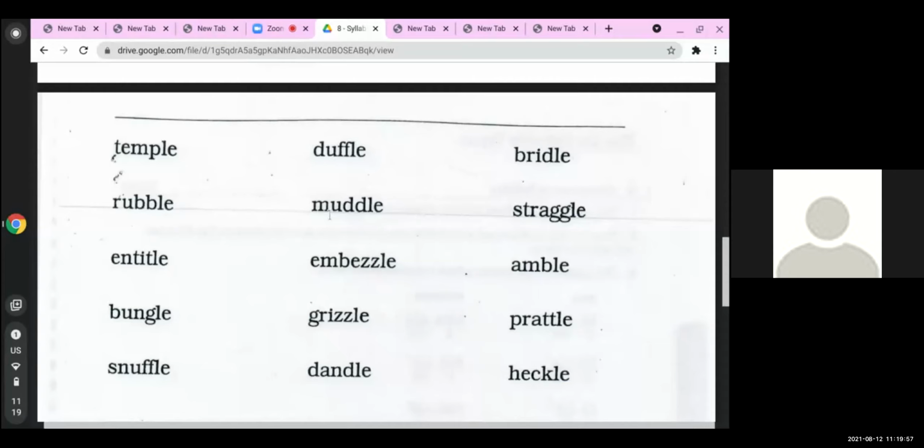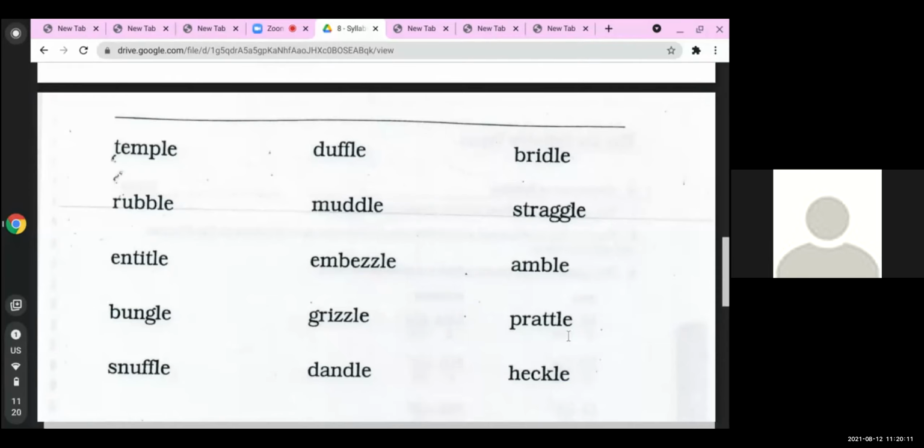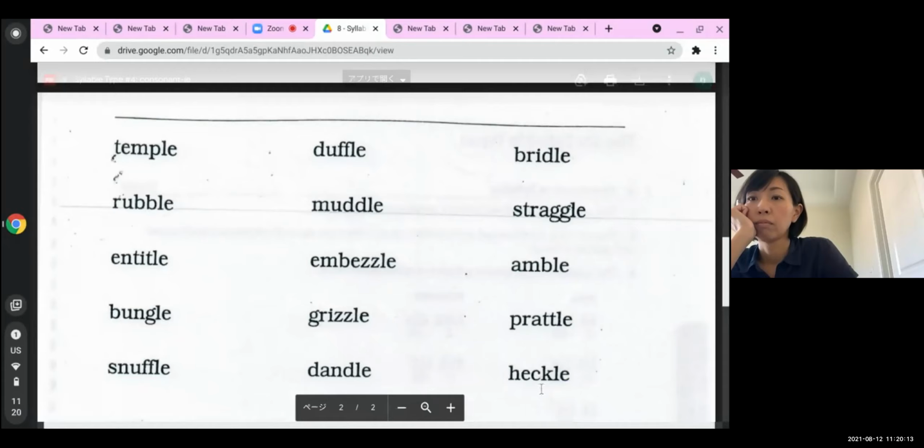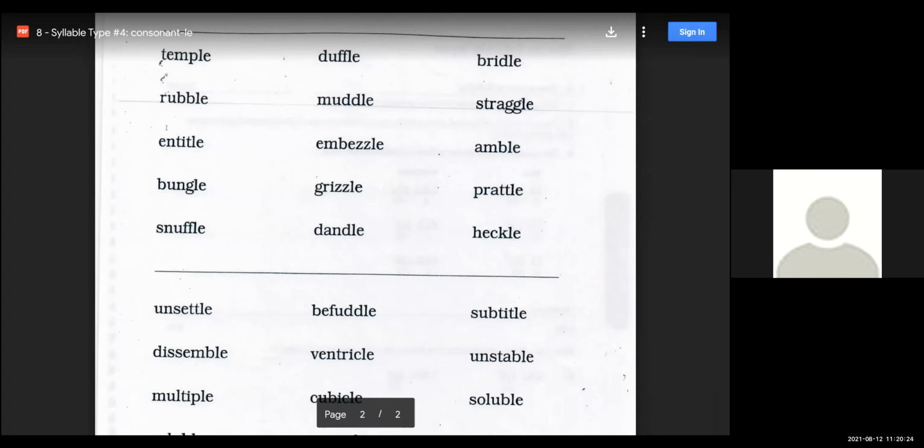Duffle, muddle, embezzle, grizzle, dandle. Bridle, struggle, amble, prattle, heckle. Rebel, entitle, bungle, snuffle, duffle, muddle.